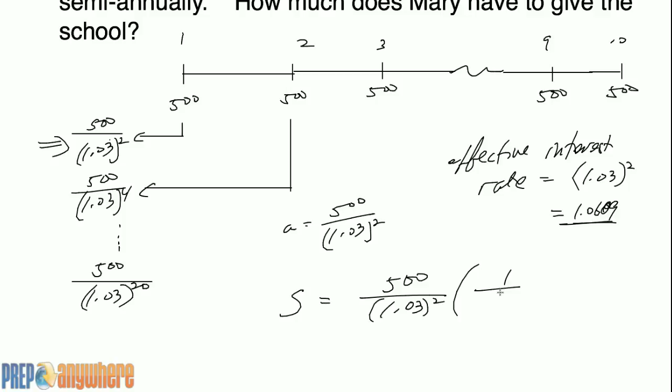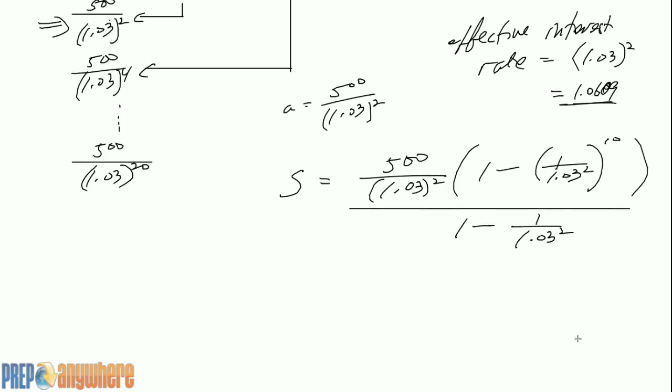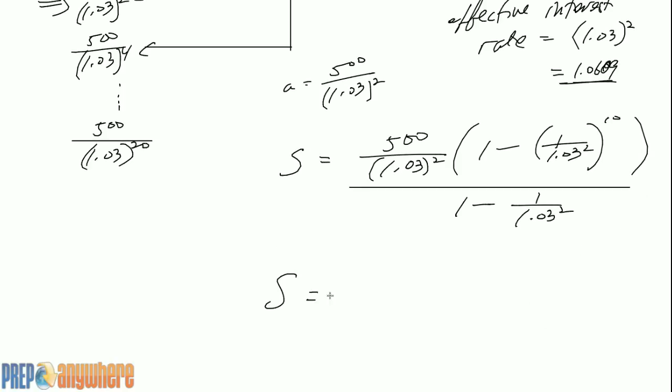Times 1 minus 1 over 1.03 squared to the power of 10, because there are exactly 10 terms, all over 1 minus 1 over 1.03 squared. Okay, once again, I'm going to multiply the top and bottom by 1.03 squared, and we get 500.